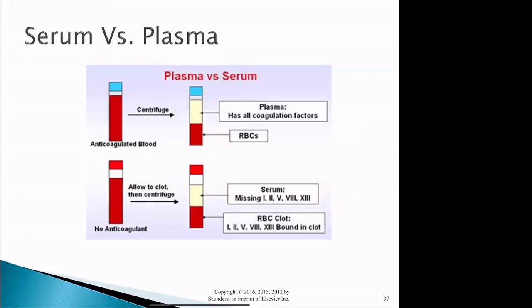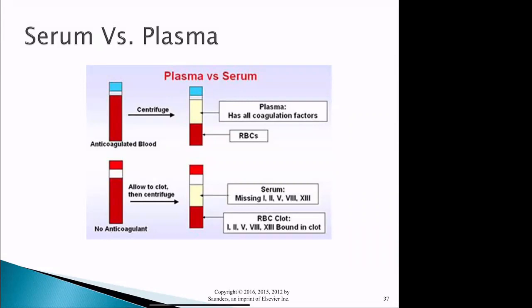In a serum tube, you don't allow this. There's no anticoagulant, so when you allow it to clot, the clot will form, and some of your factors will get consumed at the bottom of the tube. When this clot forms, it's going to bind red cells, platelets, and some of the coagulation factors.